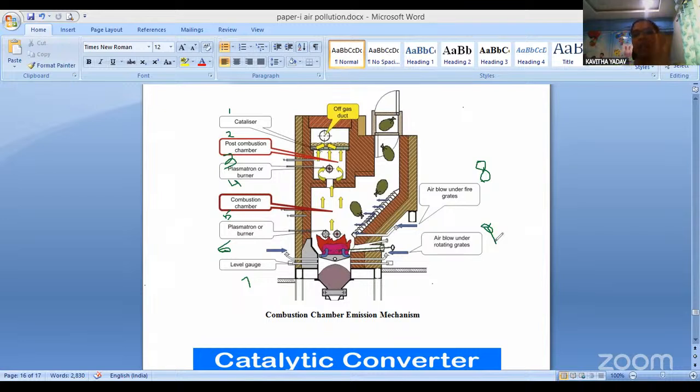These are the nine important things we are going to discuss in this picture representation of the combustion chamber emission mechanism.